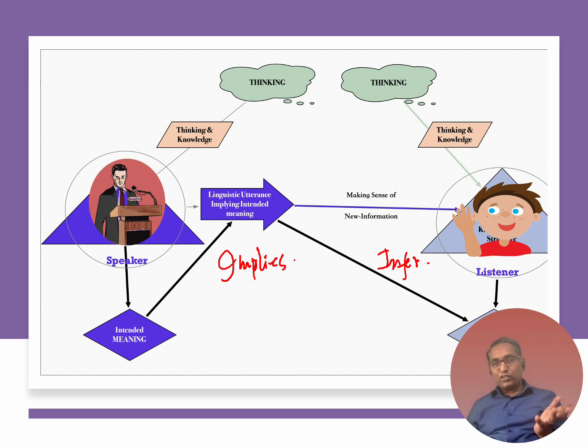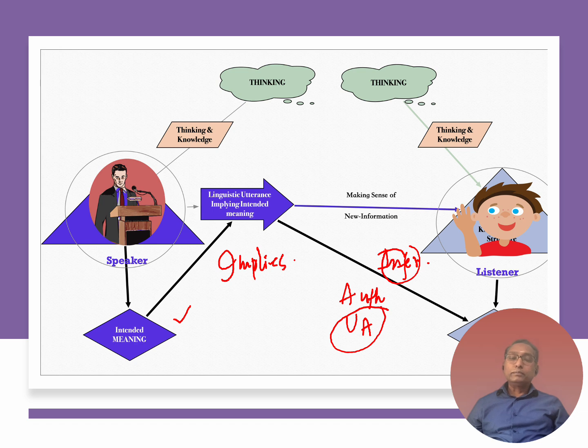In fact, there are terms for this, right? The terms are authorized inferences and unauthorized inferences. If the inferences that the listener makes are the correct inferences that the speaker actually implied, then you call these authorized inferences. These are the inferences that the speaker actually wanted you to make. And that's what he was implying.